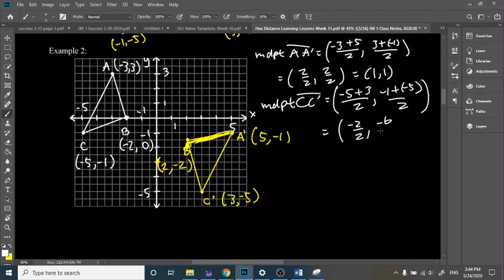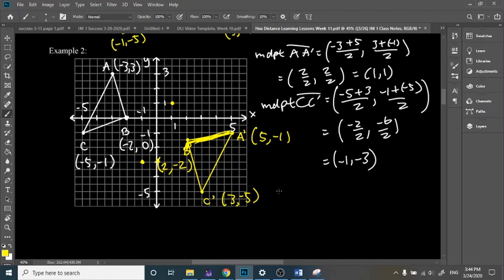This is -6. We did that in the previous one. Over 2. So what we get is -1 comma -3. All right. So we do have 2 points that are going to be on that line. -1, -3. And 1, 1. So you can probably draw the line pretty easily there.